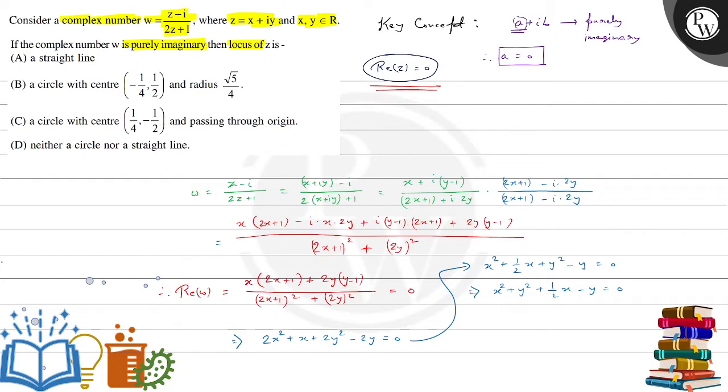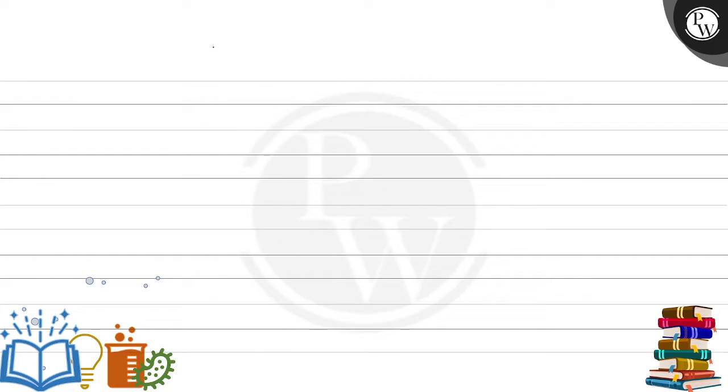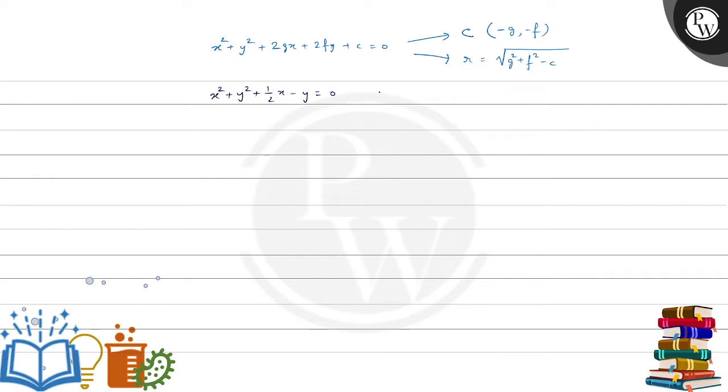So you must be remembering that the general equation of a circle is given by x squared plus y squared plus 2gx plus 2fy plus c equals 0. और यहाँ से सर्कल का जो सेंटर होता है वो मिलता है हमें minus g comma minus f से, और सर्कल का जो रेडियस होता है, that is obtained by the formula root over (g squared plus f squared minus c). इन दोनों को कंपेयर करने से clearly we can see that 2g is equal to half, मतलब g equals 1/4, and 2f equals minus 1, which means f equals minus half.